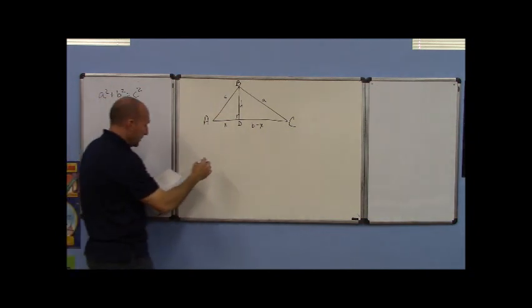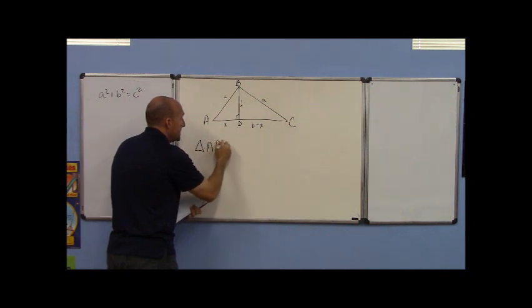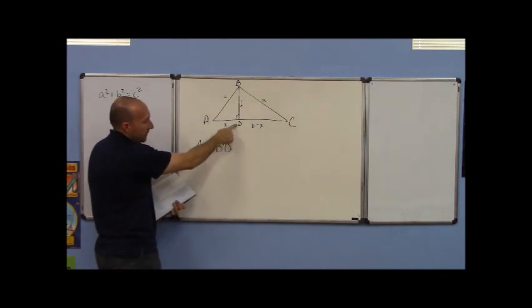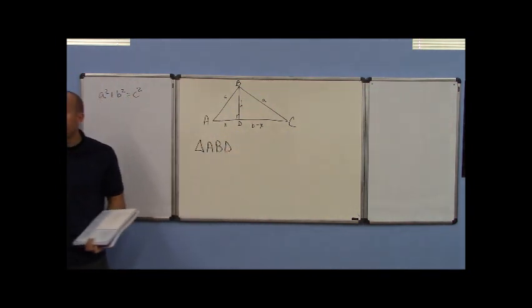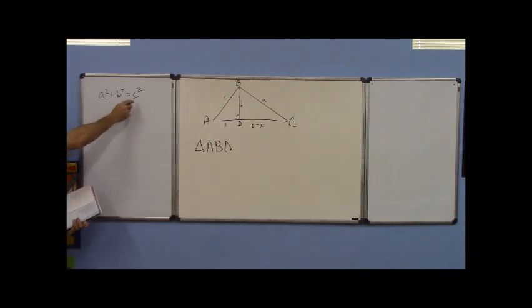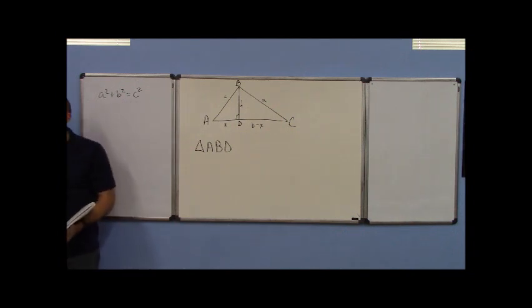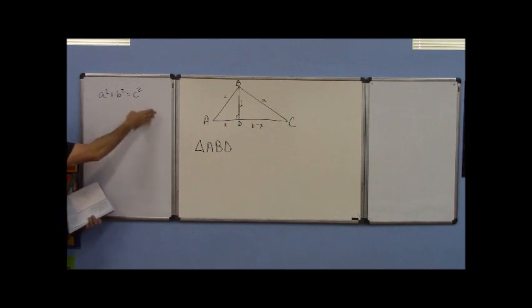Now, whenever we're dealing with triangle A, B, D, notice D here, in the Pythagorean theorem, what is C always? On the triangle, what side is C always? The hypotenuse. So you have whatever leg squared plus whatever leg squared equals the hypotenuse squared.